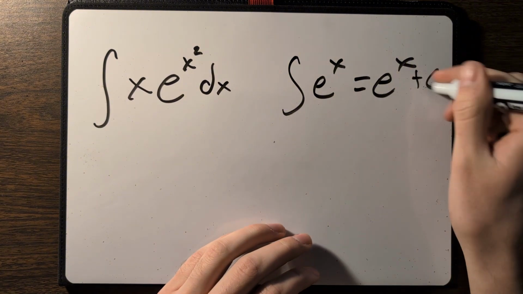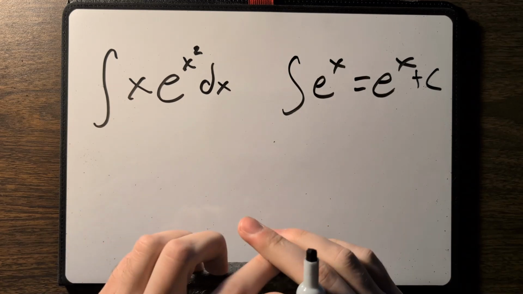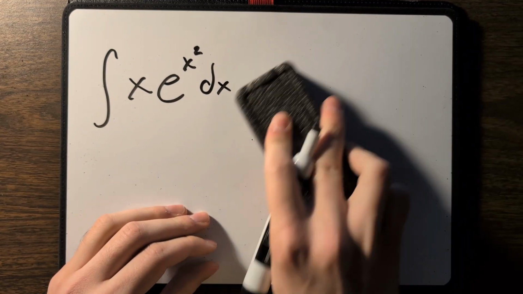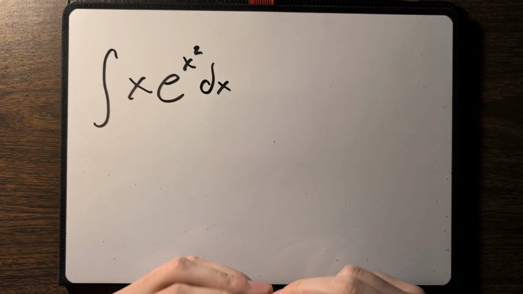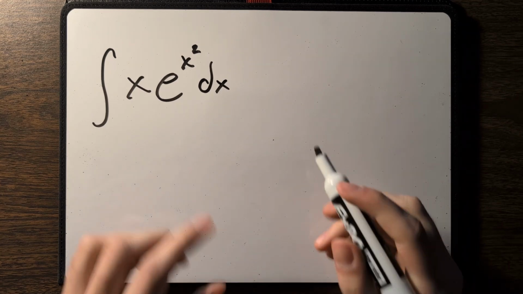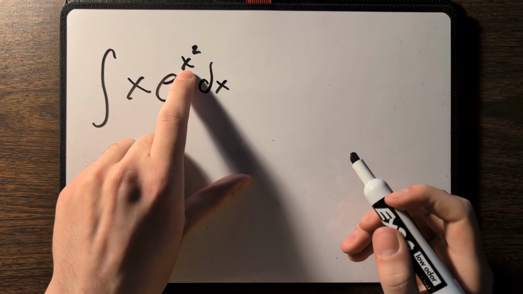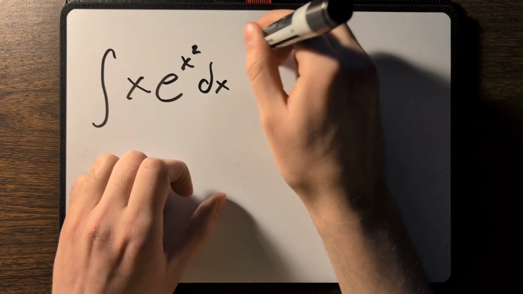Very simple, plus c. But we can't say the same for this case. We're not sure what the integral of e to the x squared is. But we can use the technique called substitution by substituting this inside function for u.